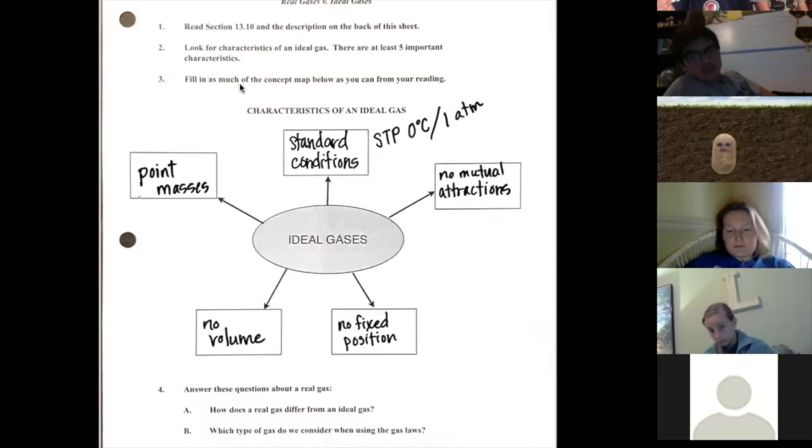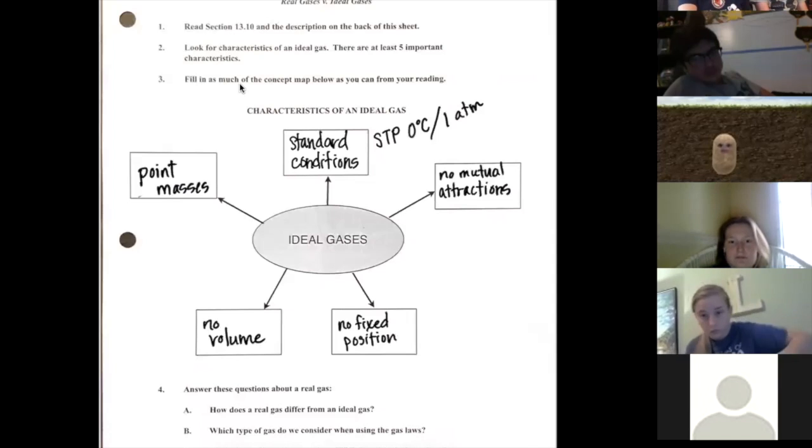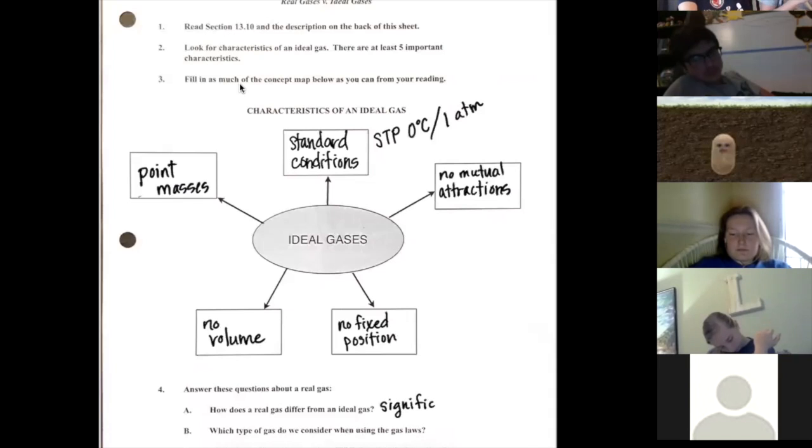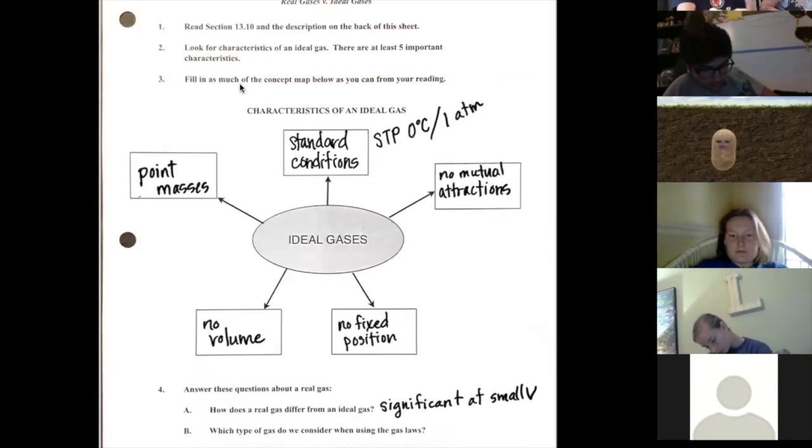This is just a term that's used to signify the little tiny mass that a gas would take up. So when we use the word ideal, how is that different from real gases? This distinction only becomes significant at small volumes, because then gases are going to have volume.